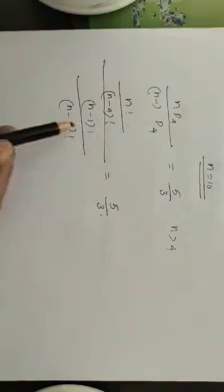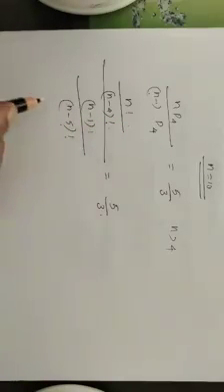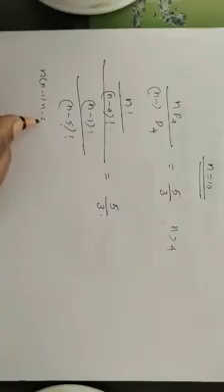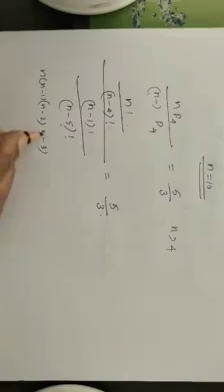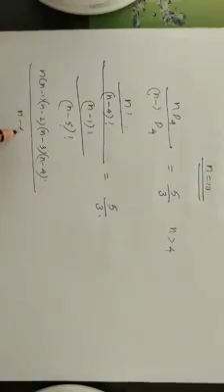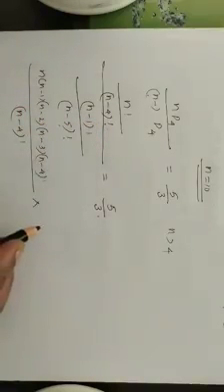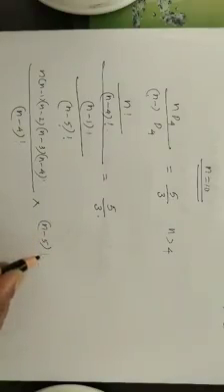Dividing a fraction by another fraction means we can multiply by the reciprocal. Then how will you write n factorial in terms of the denominator n minus 4? n into n minus 1, n minus 2, n minus 3, then n minus 4 factorial divided by n minus 4 factorial, into the reciprocal, n minus 5 factorial by n minus 1 factorial.